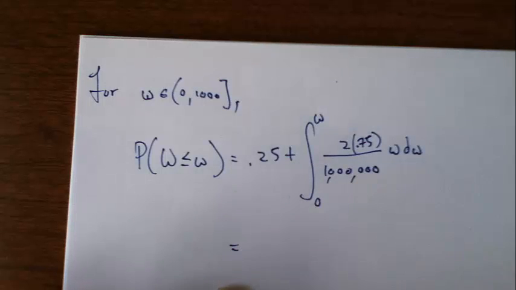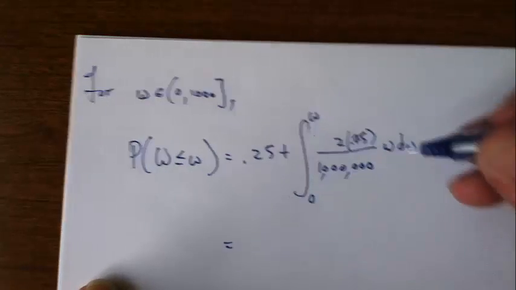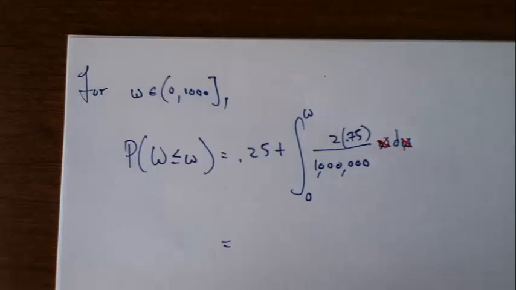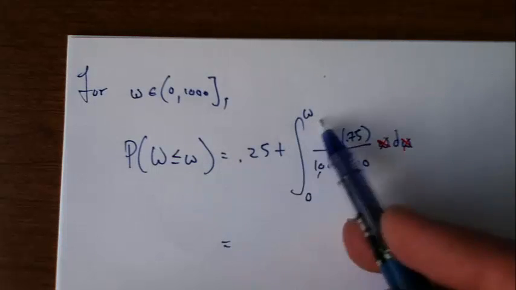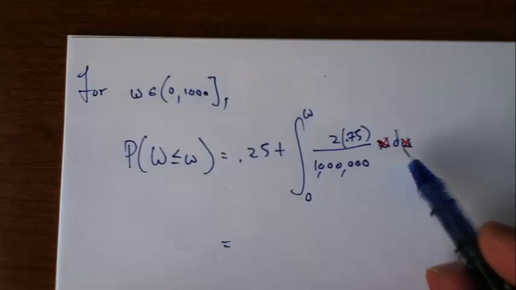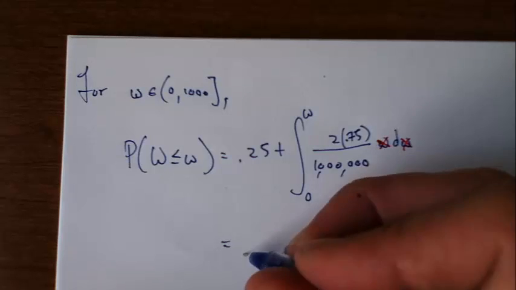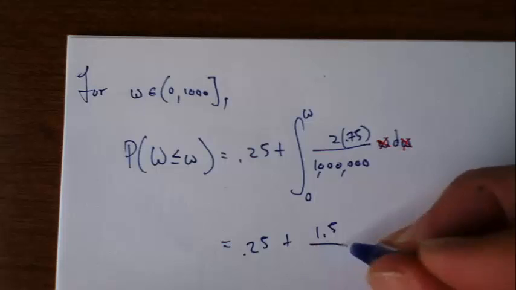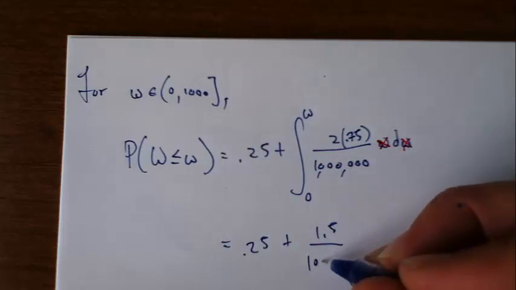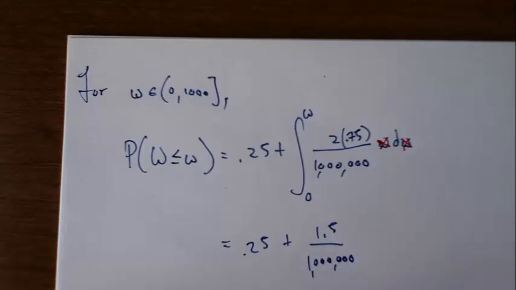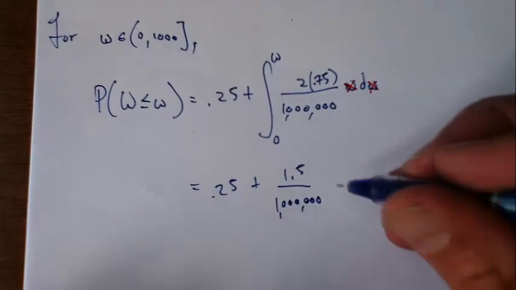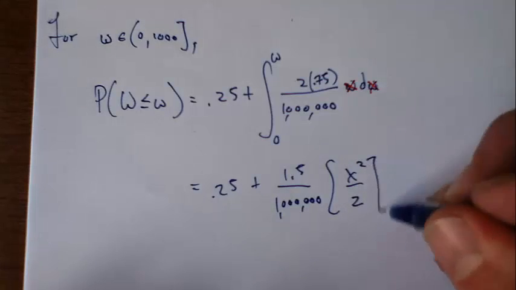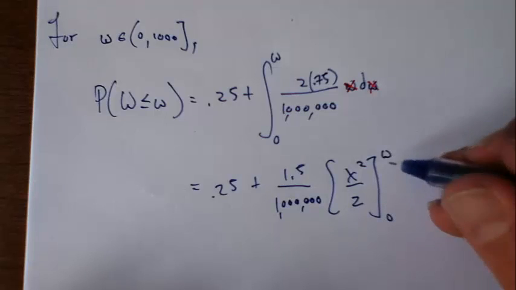Okay, so if I work this out, oh, you know what? This is really stupid. I should use another variable there. Sorry about that. This should be a function of little w. This just looks better if I do it like that. So this is going to be a quarter plus 1.5 over a million times x squared over 2 from 0 to w.